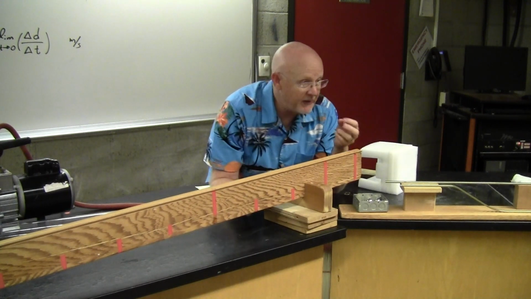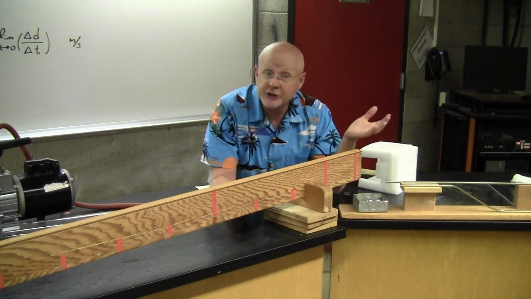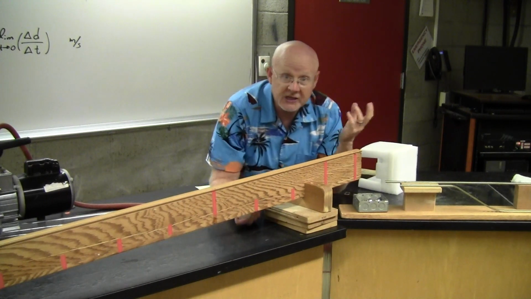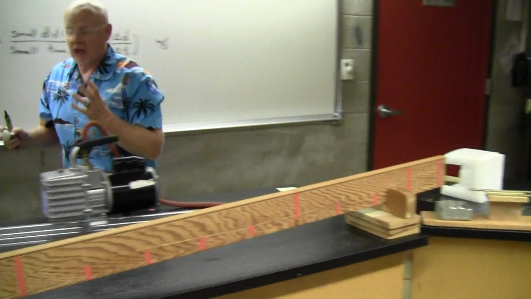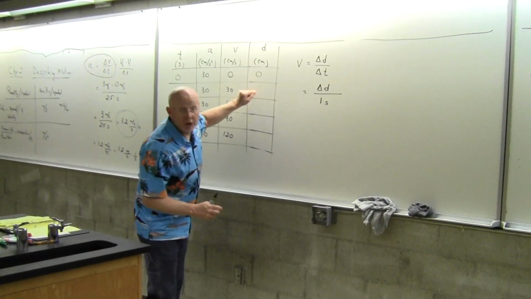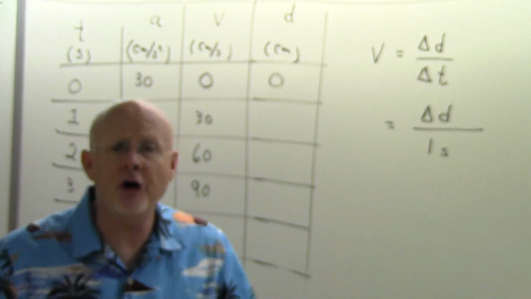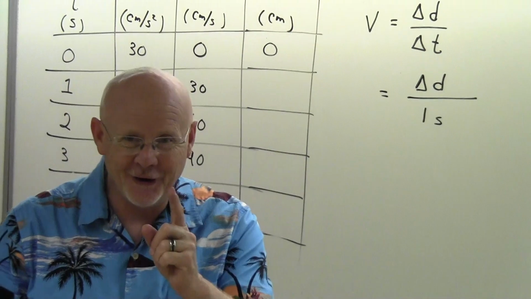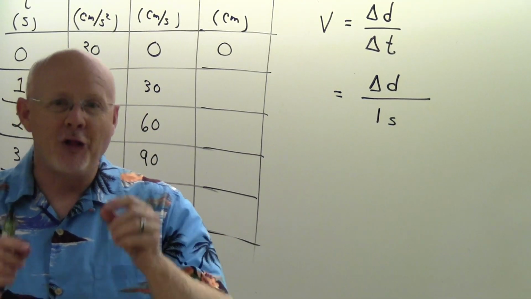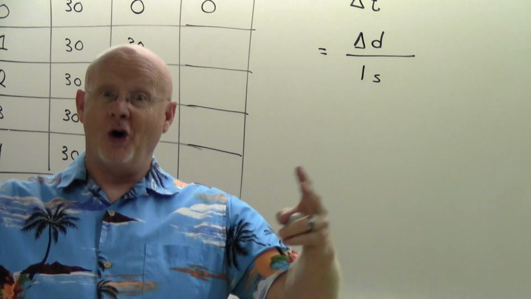If it was, it would be very easy to do this conceptually. We would just say, well, 30 centimeters per second means go 30 centimeters in 1 second. I think that's why when I do this class face to face and I point to this box and say, what number goes here? 5 or 6 people in the audience go, oh, that's a 30. No, it would only be a 30 if it was going 30 centimeters a second for that whole 1 second.